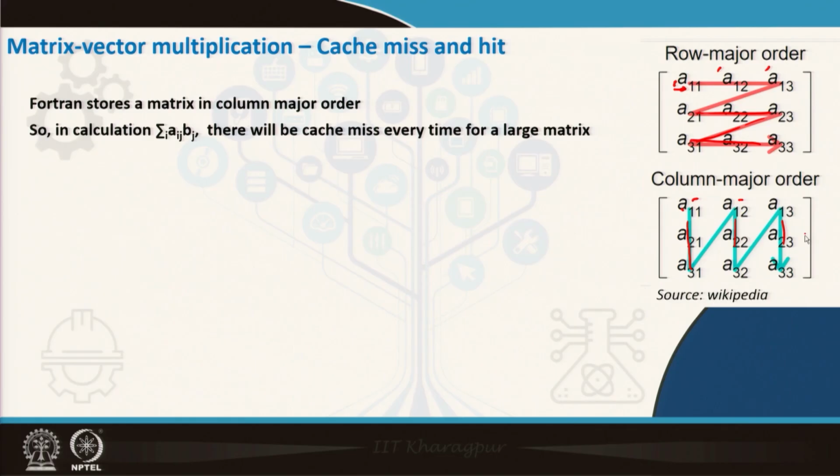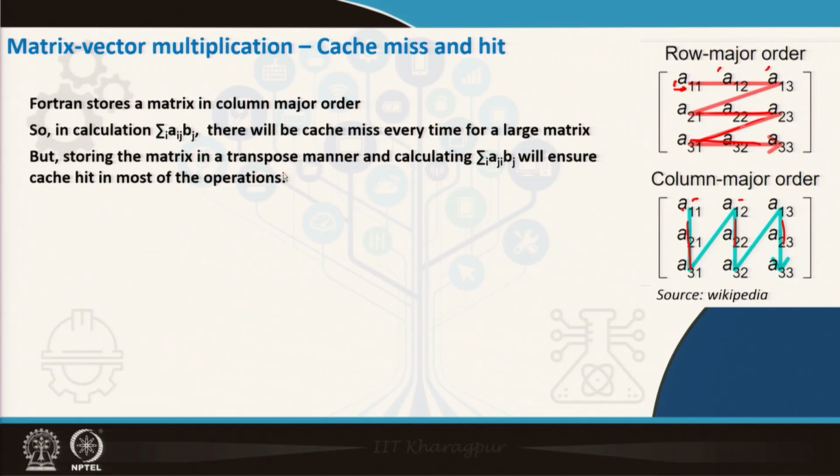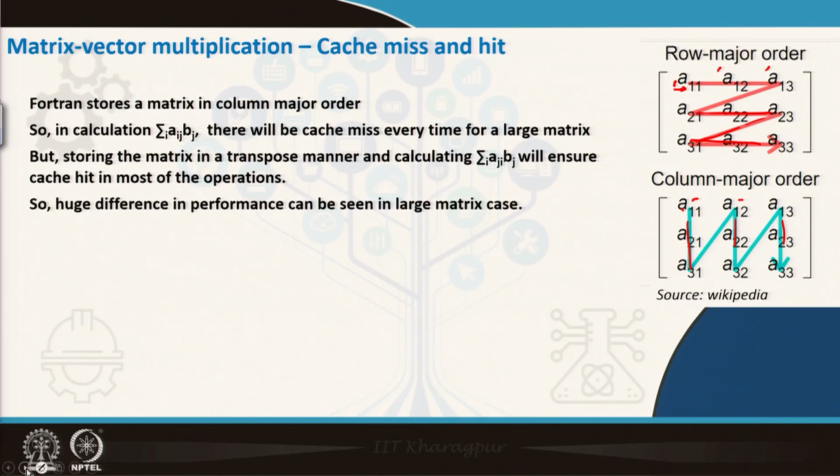Therefore, while looking into Fortran, we have to look into the column major order, or we have to go column wise. So by storing the matrix in transpose manner, instead of A we store A transpose, that will ensure in Fortran that we are going in the column wise direction, and we are ensuring a cache hit every time. Therefore, a huge performance difference can be seen if the matrix is large.